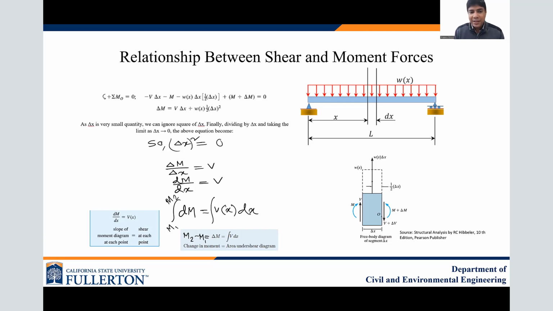And if we integrate, taking the dx on the other side, over the interval M1 to M2, we see that the change in moment, M2 minus M1 after the integration, which is equal to delta M, is equal to the area under the shear diagram.